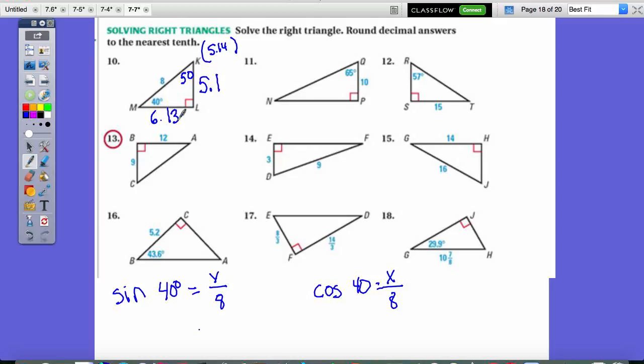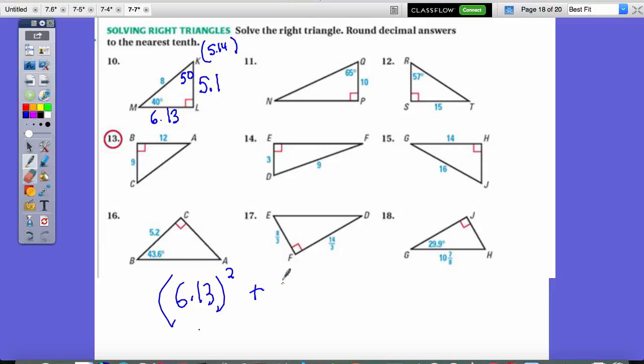I'm just curious. If I used the more exact measures, how would my answers look here when I check it? So if I did 6.13 quantity squared plus 5.14 quantity squared, would that get me closer to 64?